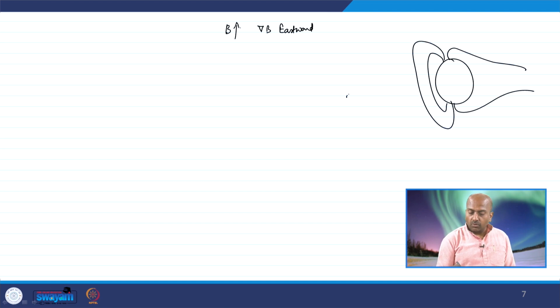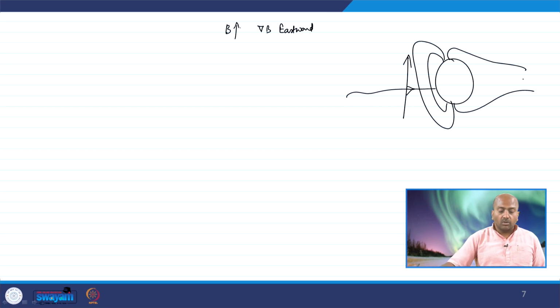As we are moving towards the Earth, the magnetic field is becoming increasingly stronger. So, there is a gradient in this direction which is exactly perpendicular to the direction of the magnetic field itself.